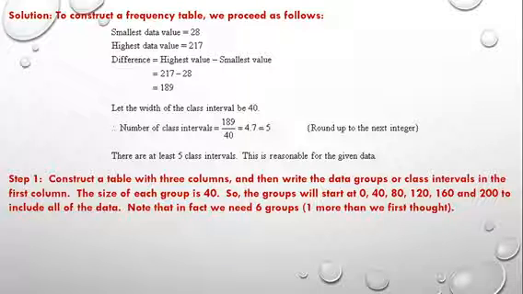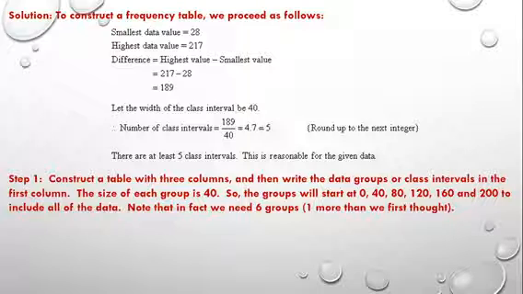The fourth row will start with 120, the next with 160, the next with 200, and so on, until all the data is captured. If you do that, you would realize that there will be 6 groups, which is fine. We said that the groups must be between 5 and 10, so 6 groups is good.